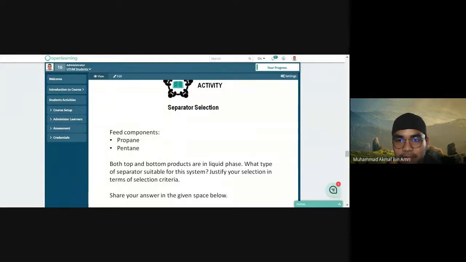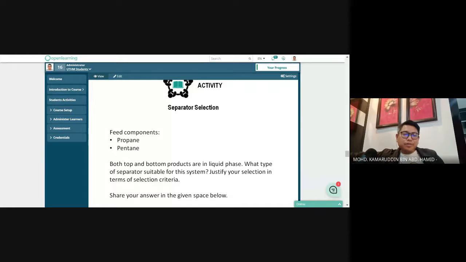Okay. Yes, you can use a condense absorber because it makes sure that you condense propane at the top and leave pentane as a liquid at the bottom. Yes, you can use it. But the question is not talking about purity here, it is just phase. So you can use either a condensed absorber or a distillation column.